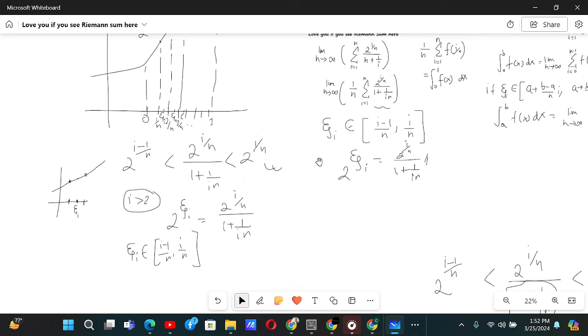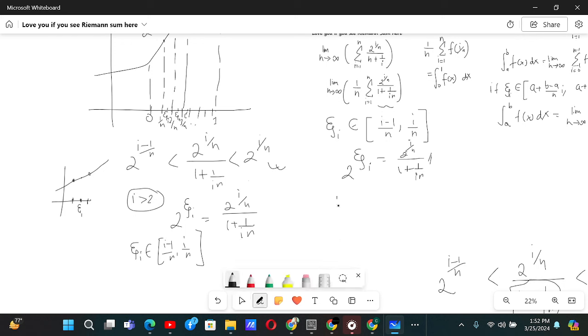So now we can write this as the limit as n tends to infinity of 1/n times the sum from i equals 1 to n of 2 to the power chi_i, where chi_i lies between (i-1)/n and i/n. And this is from 2 on, not 1.